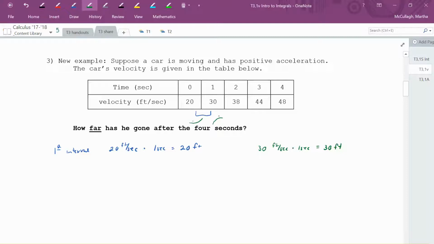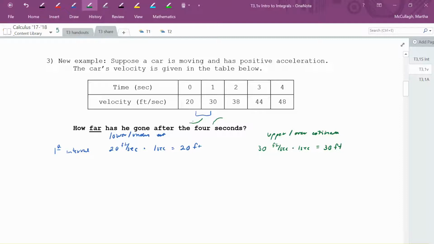We don't know. So the best we can do is just say, well, we have a lower estimate, or an underestimate, or we have an upper estimate, or overestimate.